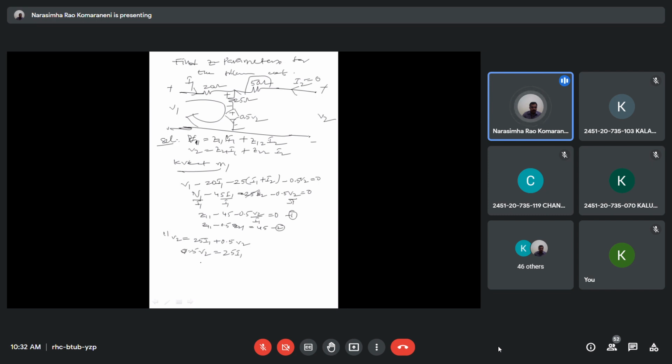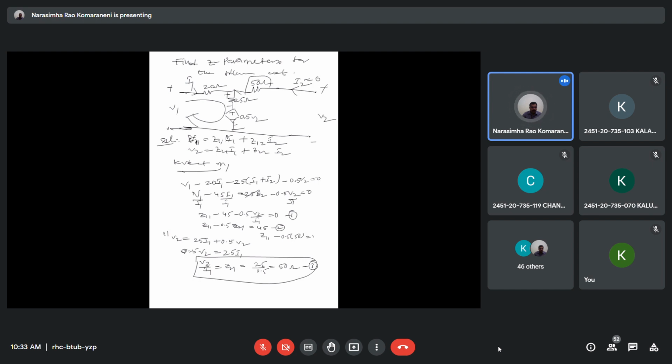Okay. So therefore V2 by I1, that is nothing but the Z21. Z21 equal to 25 by 0.5. So this becomes 50 ohms. Clear? Now if we substitute this Z21 value in equation 2, we will get Z11 minus 0.5 into 50 is equal to 45.